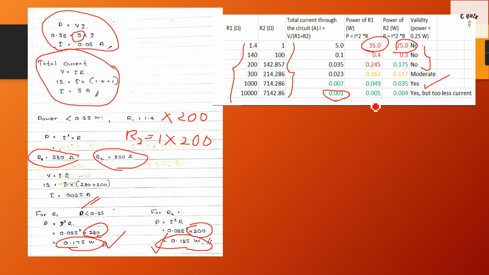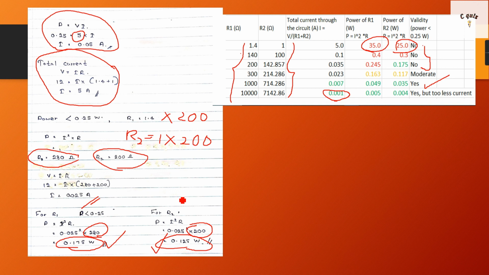We can't use this kind of current to light up anything, so we can't use this one. And here I got the same answer. We can use these values also because they are very suitable. The current is okay and the power values for the resistors are okay. So I think these values are better.